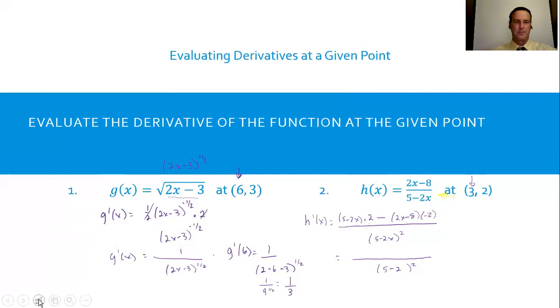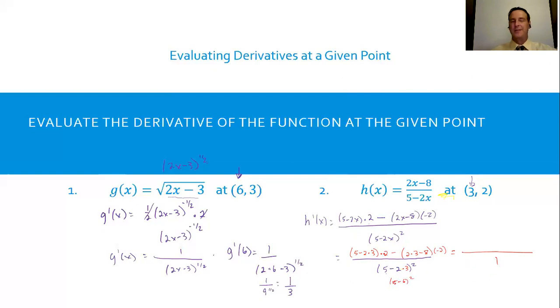Let's try another color, we'll do red. So 2 times 3, and anytime I see an x, I'm going to replace it with 3. So there we go. And this is 5 minus 6, which is negative 1 squared, which is 1.